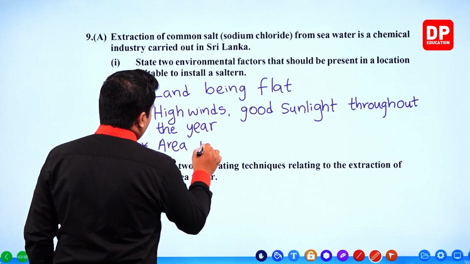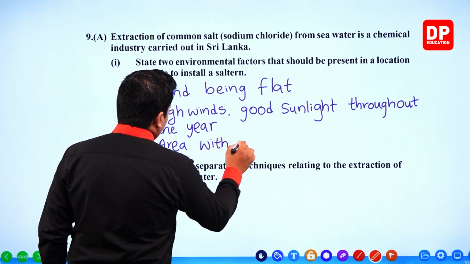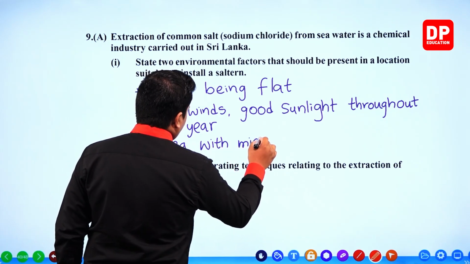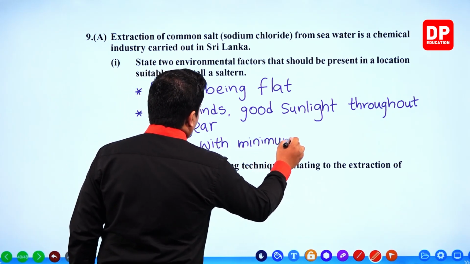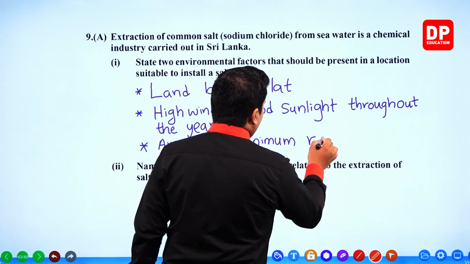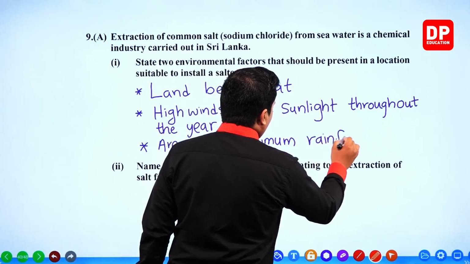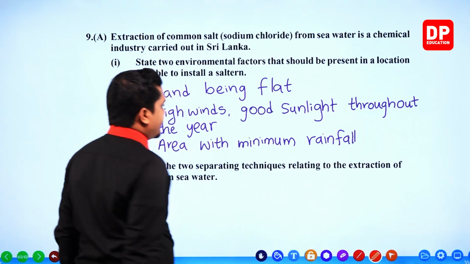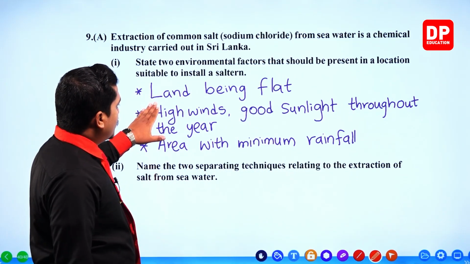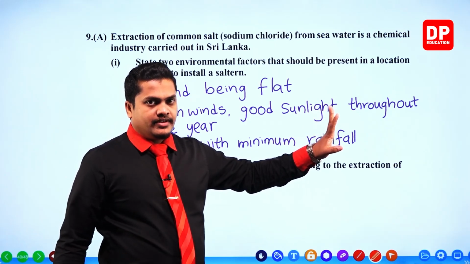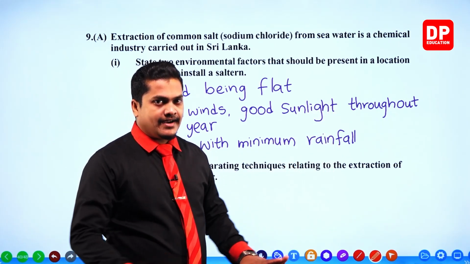Then, area with minimum rainfall. So I have written 3. Land being flat; definitely the selected land should be a flat land.